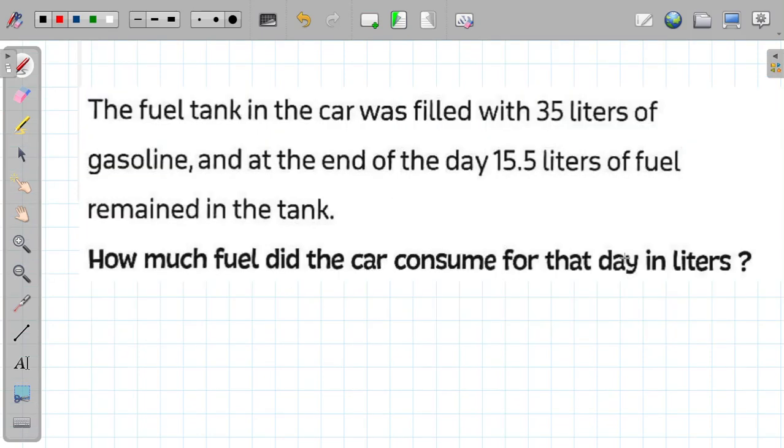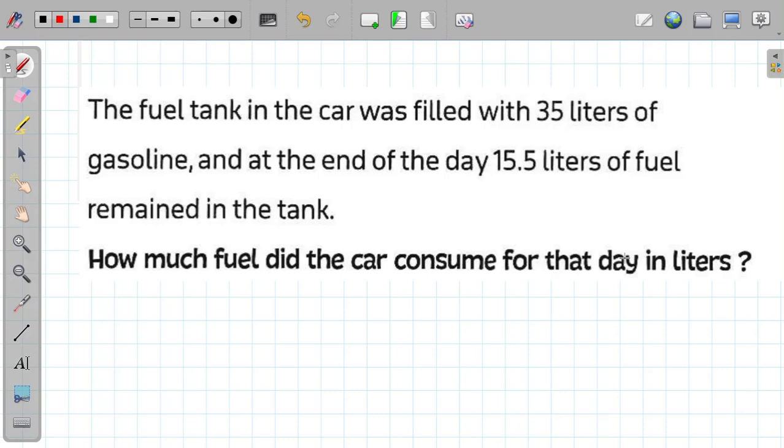Okay, next, the full tank in the car was filled with 35 liters of gasoline, and at the end of the day 15.5 liters of fuel remained in the tank.